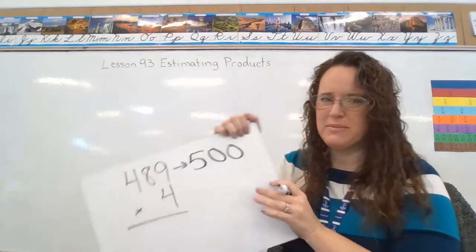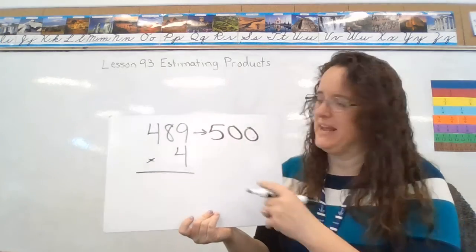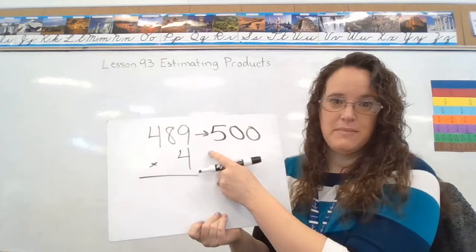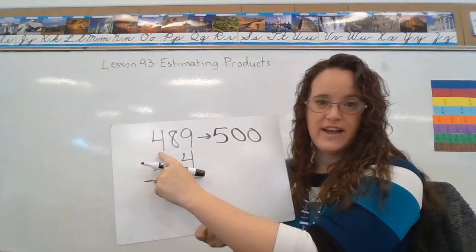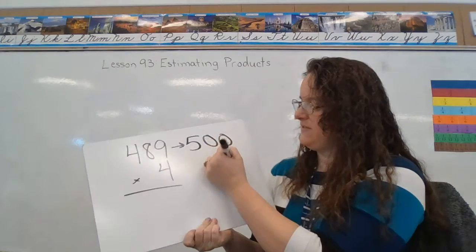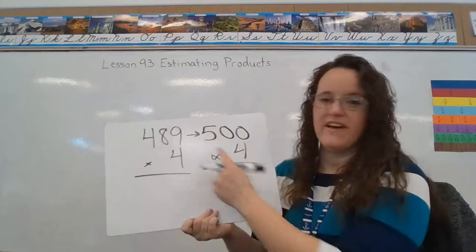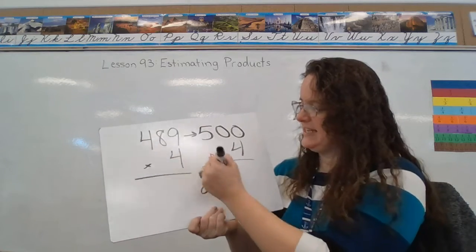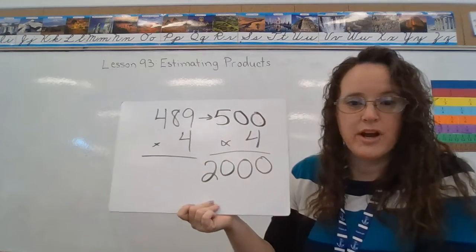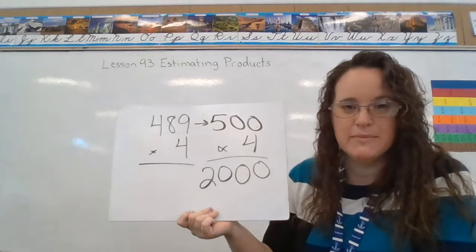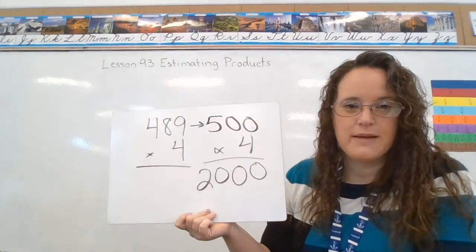So if you look at the problem and you go, oh, I can't do that one in my head, then maybe round to the next place value. Like in this case, we're going to round to 500 times 4. 5 times 4 is 20. Tack on our 2 zeros. And so she walks approximately 2,000 steps when she does 4 laps around the track.